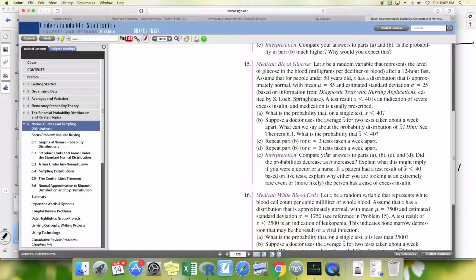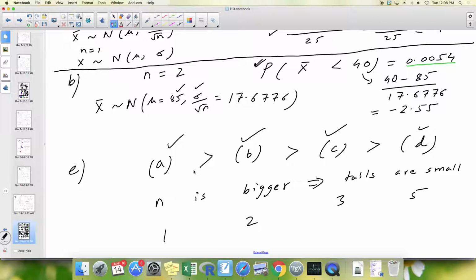Compare your answers to A, B, C, and D. Did the probabilities decrease as n increased? What should we expect from our theory? For part A, n is like 1. For B, it's n equals 2.